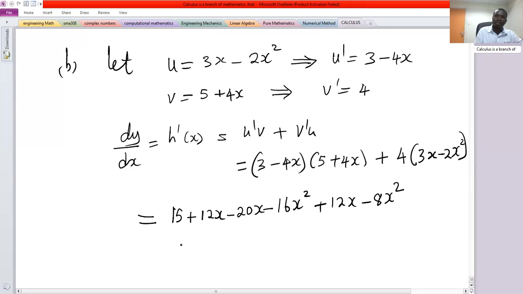So we'll have 15, 12 minus 20 plus 12, that's 4, so plus 4x, minus 16 minus 8 is minus 24x squared. So we have minus 24x squared plus 4x plus 15. This is the derivative of the given function.